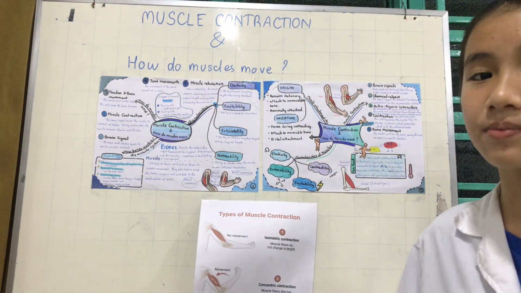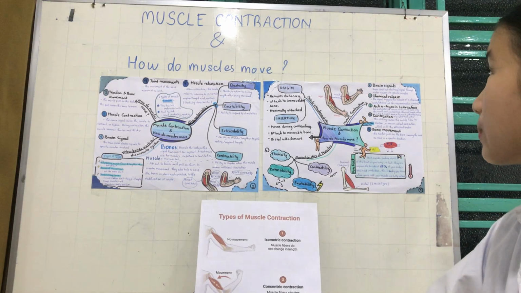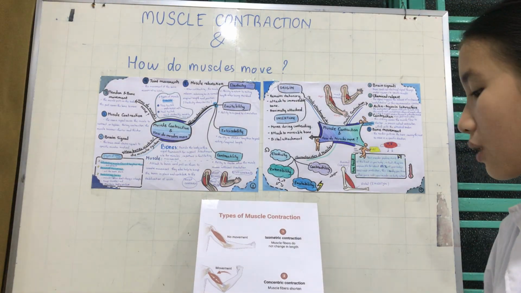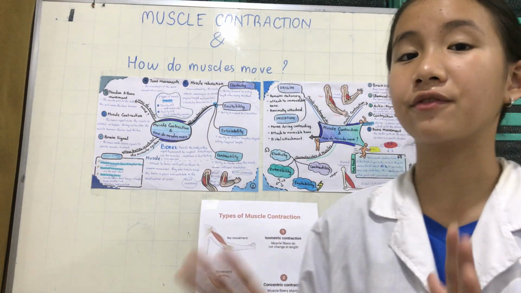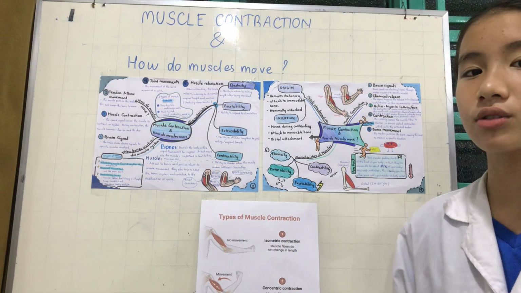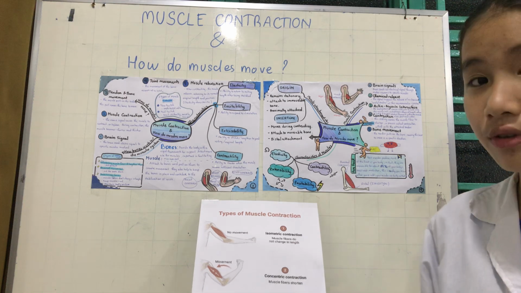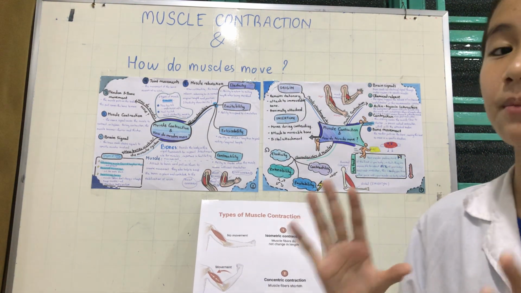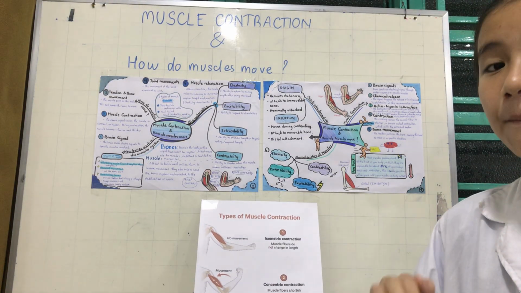Next is how muscles contract, or muscle contraction. For this part, I'm going to talk about the 5 main steps in which muscles contract. So the first stage is brain signals. The brain will send electrical signals through the nervous system, through motor neurons, to the specific muscles involved in that specific motion.